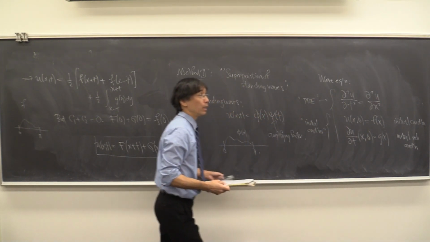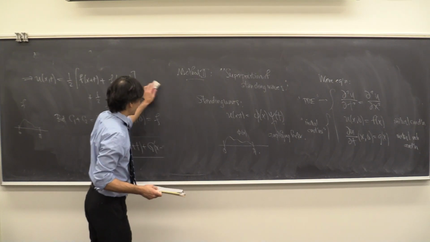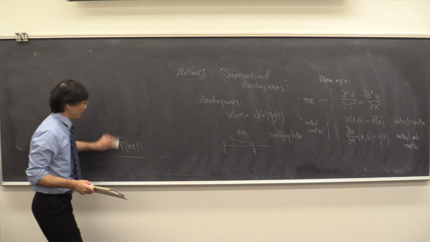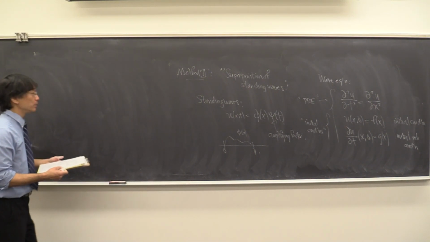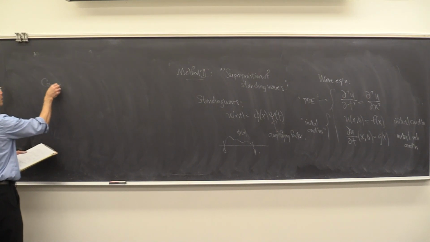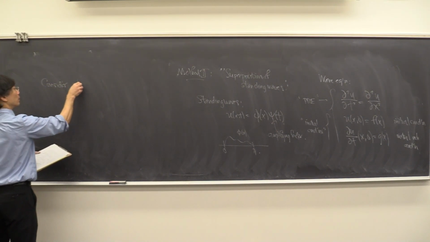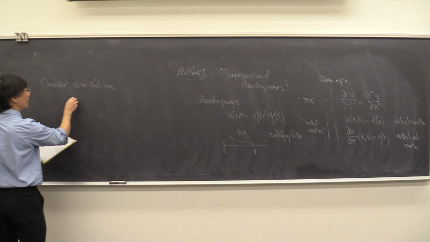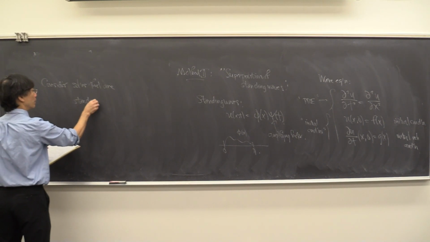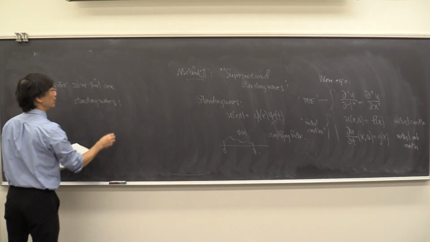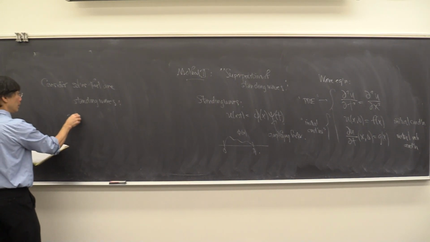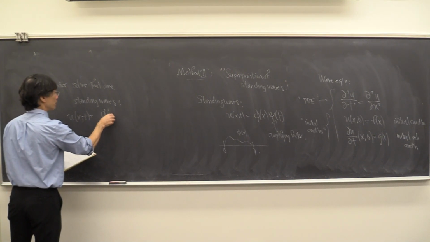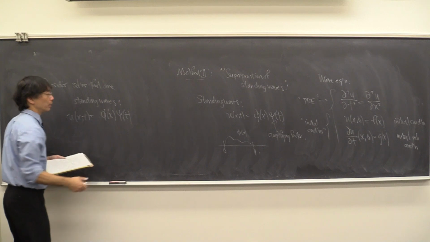Okay, and so I guess we're not going to do it right now, but what we're going to do is consider solutions that are standing waves. That is, we'll assume that u of x, t is some function of x times some function of t.